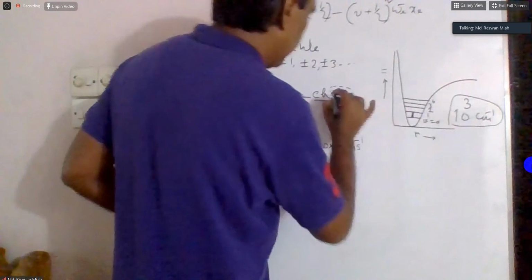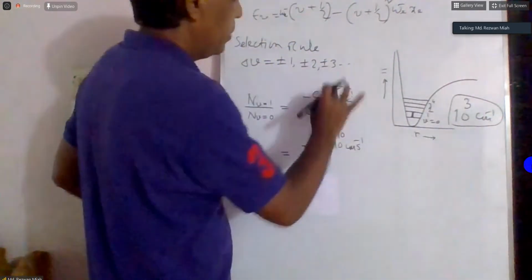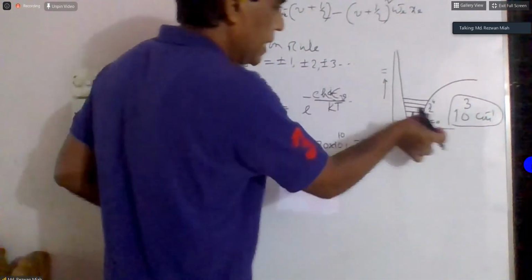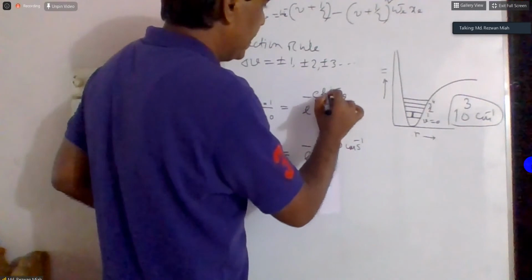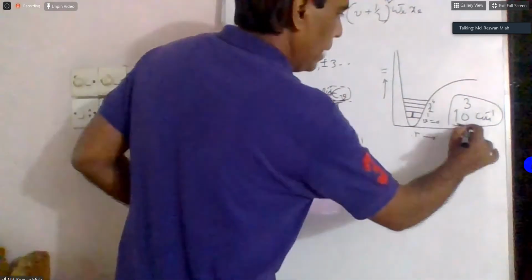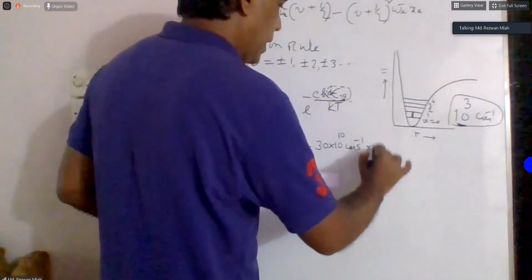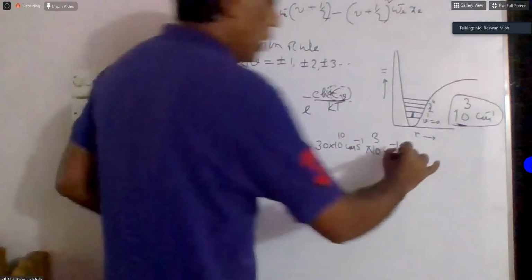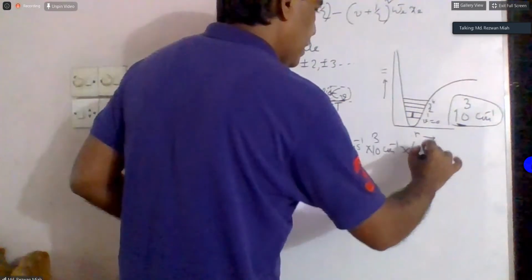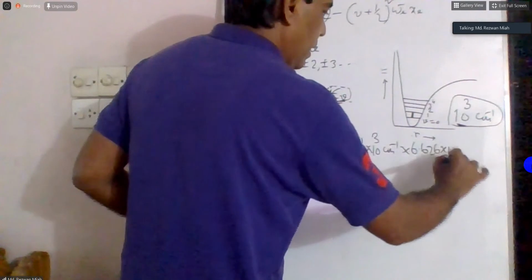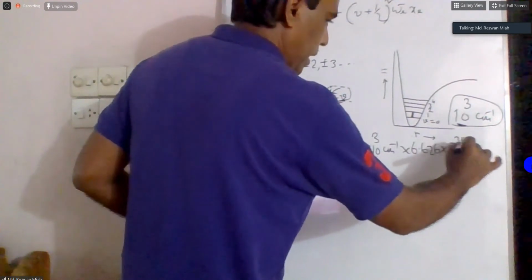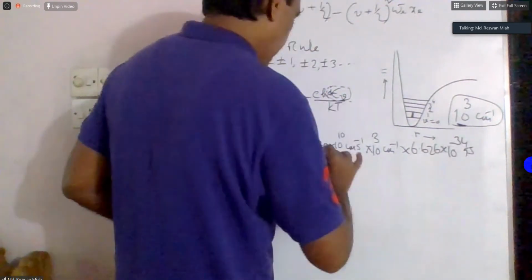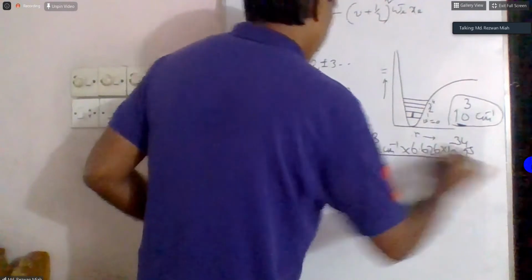The energy gap between these two levels is given by 10 to the power 3 per centimeter, and the value of h is 6.6 times 10 to the power minus 34 joule second, divided by KT.